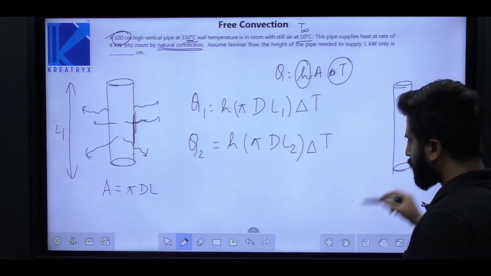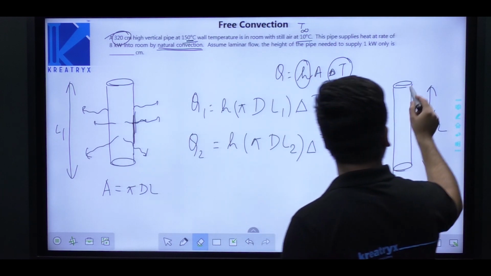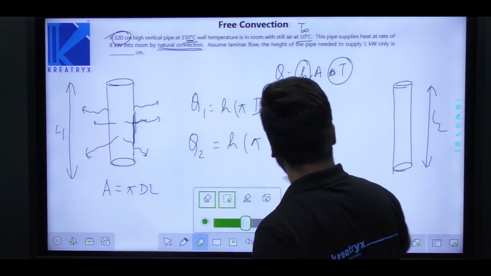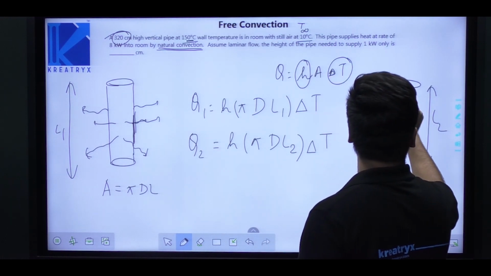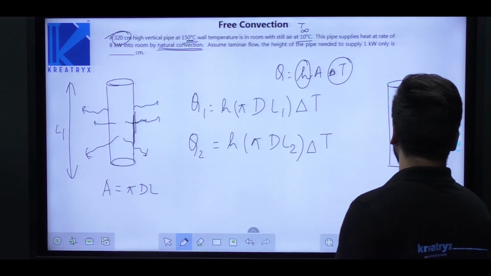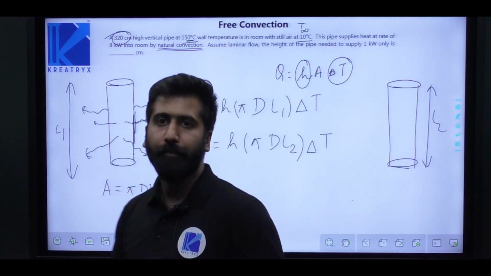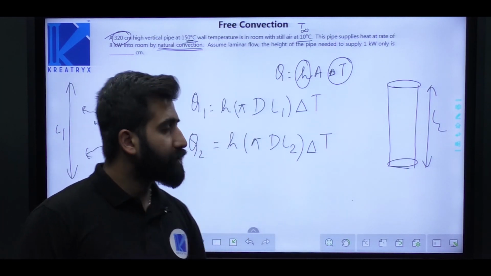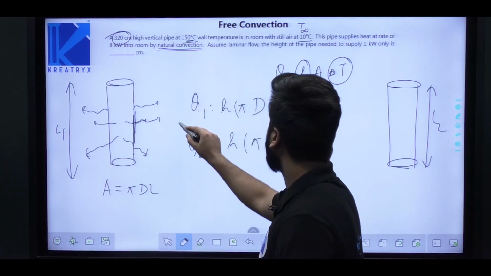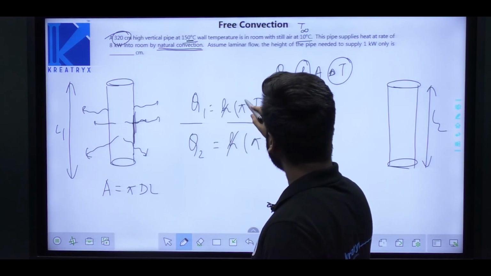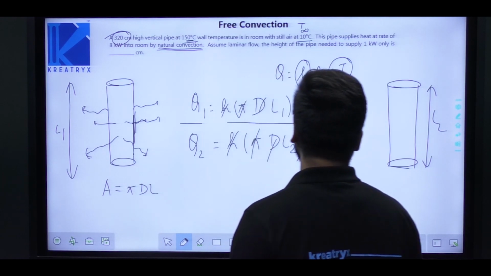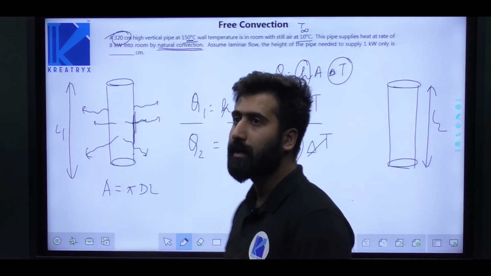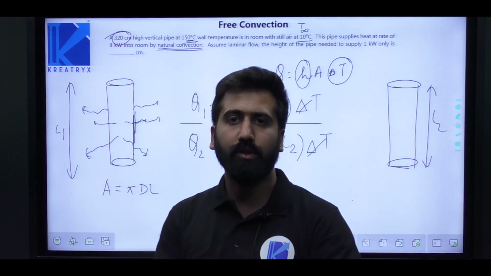The diameter is the same, however this figure is not drawn the same. Let me just draw it. L2. Okay. So if I divide both of these equations, everything cancels out. So Q1 by Q2 is equal to L1 by L2. That is, heat transfer rate is directly proportional to its length.